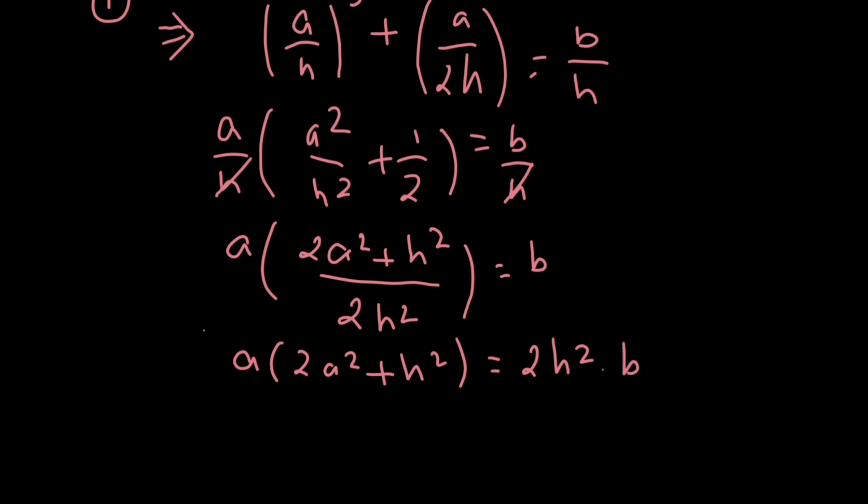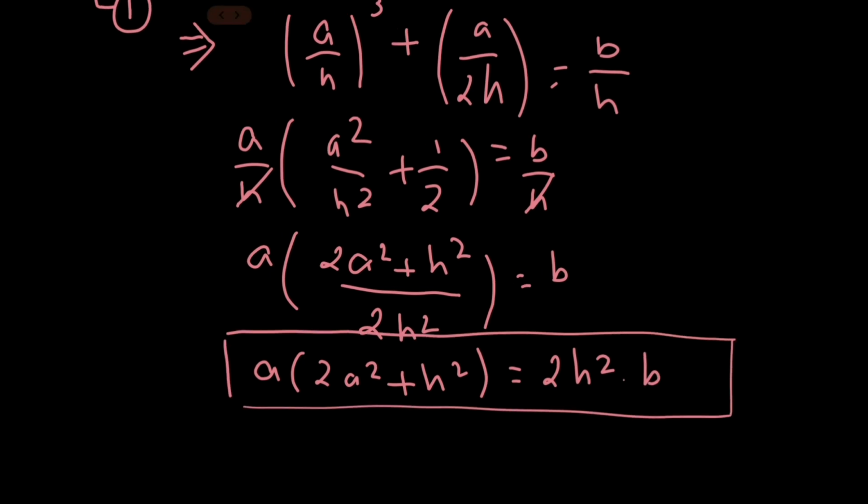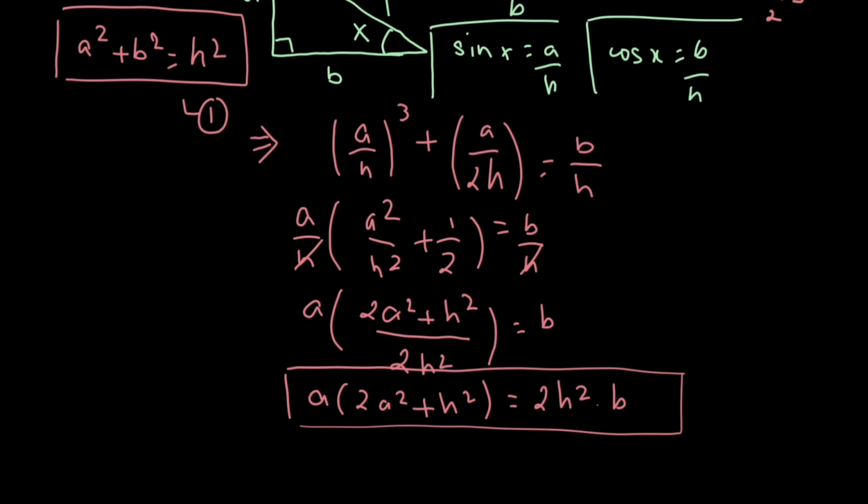Okay. Now recall the first equation. Here we can see that we have the value for h square in terms of a and b. So here in the equation that we just have, we have one h square over here and the other h square over there. So this 2h square I will replace with its value that we have in the equation number 1.